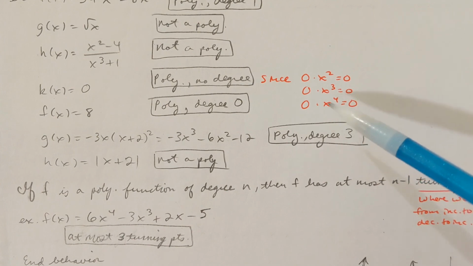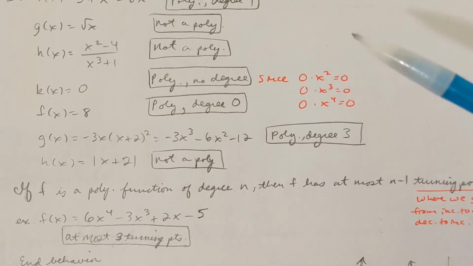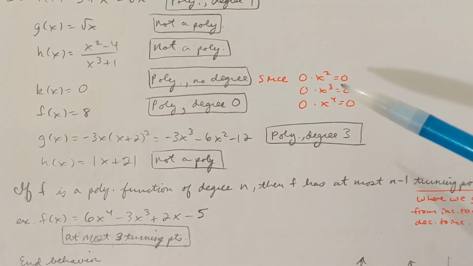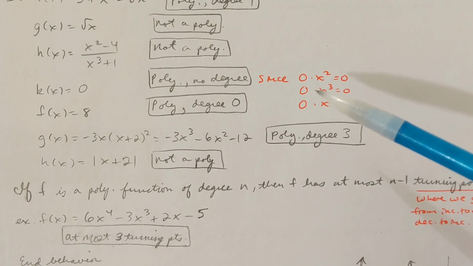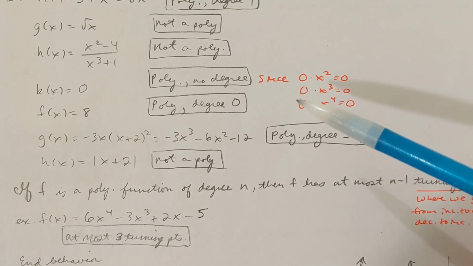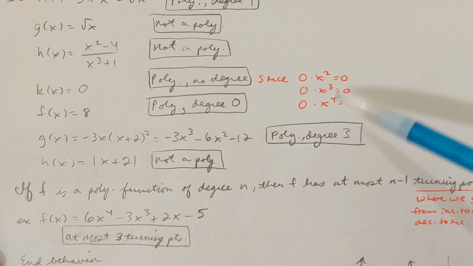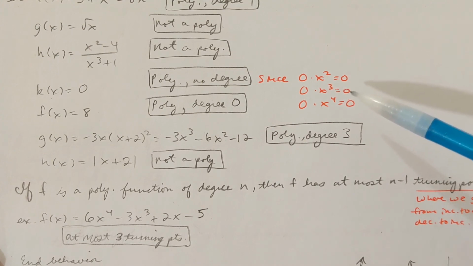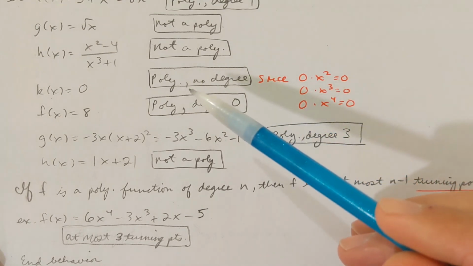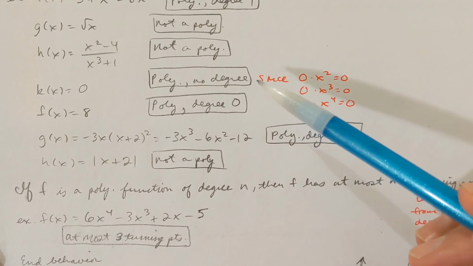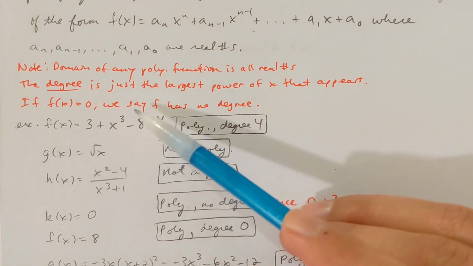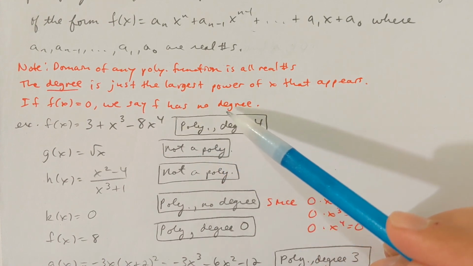I can let the degree be anything, and I'll always have 0 coming out of that. So the 0 polynomial function is the only polynomial that we say has no degree. If f of x equals 0, we say f has no degree.